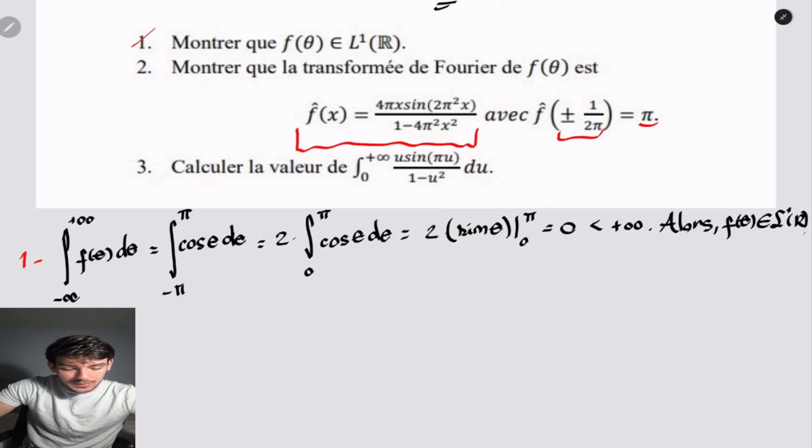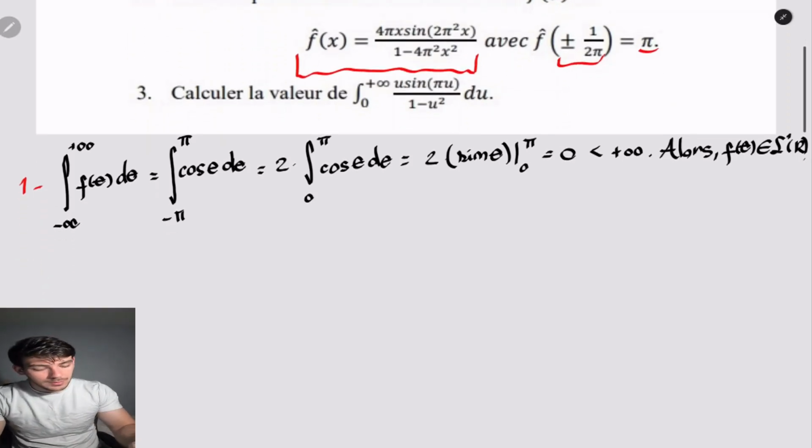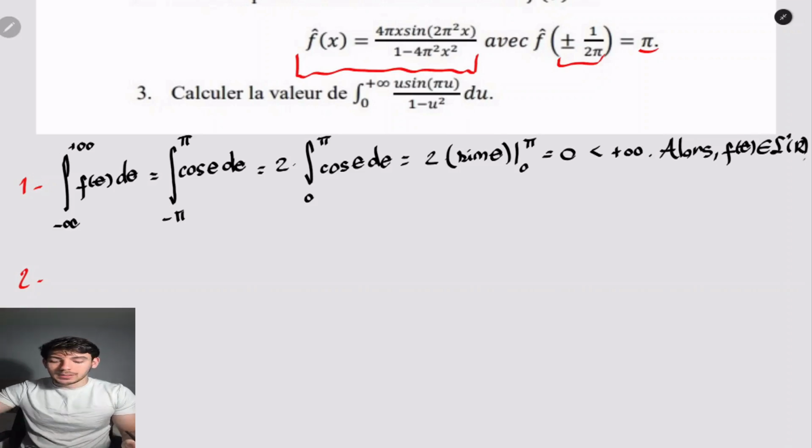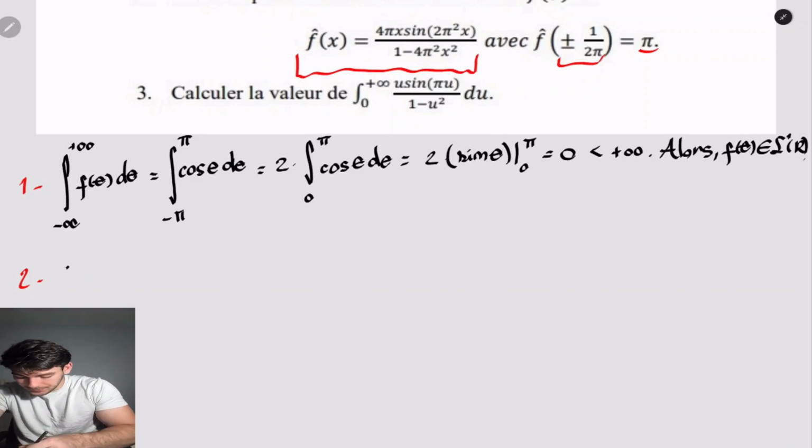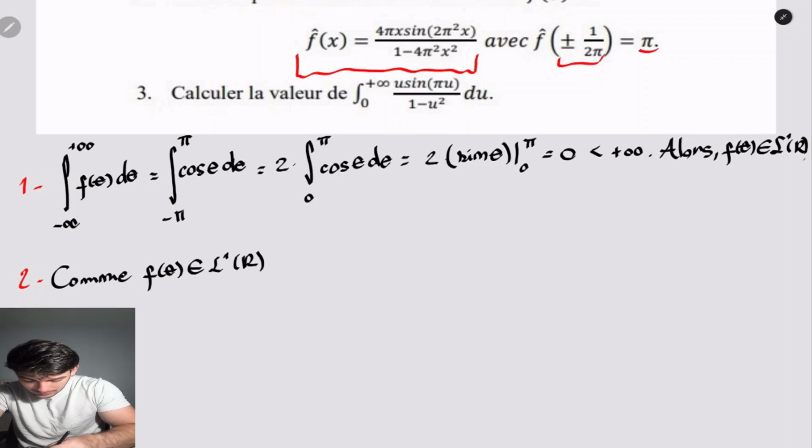So, okay. Here, we're going to do the Fourier transform. And why can we do it? Since f of theta belongs to L1, now we can do the transformation.